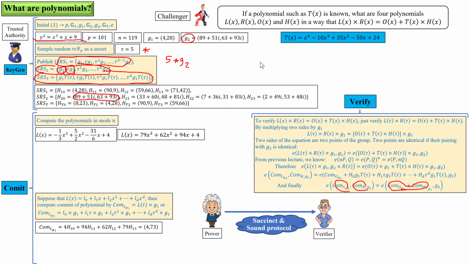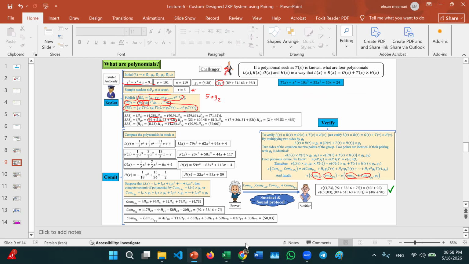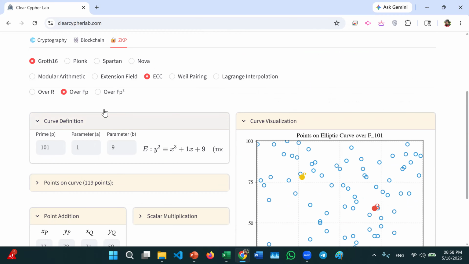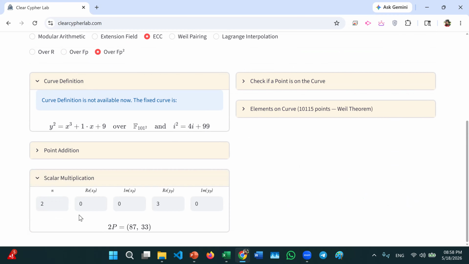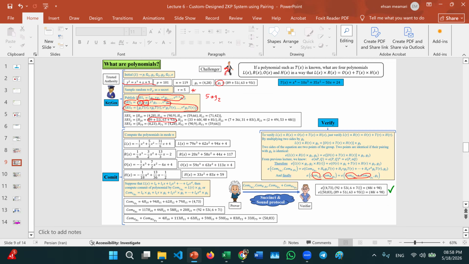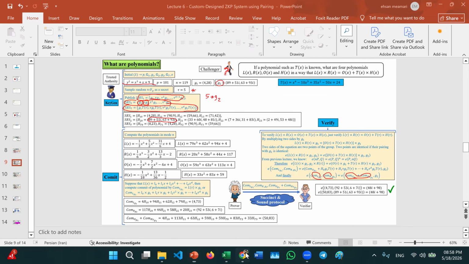So let's use our website to compute 5 multiplied by G2. Now G2 is the generator of the elliptic curve over the extended field, so we need to use this section here, and then the scalar multiplication. So 5 and G2 equals 89, 51, 63, 93.